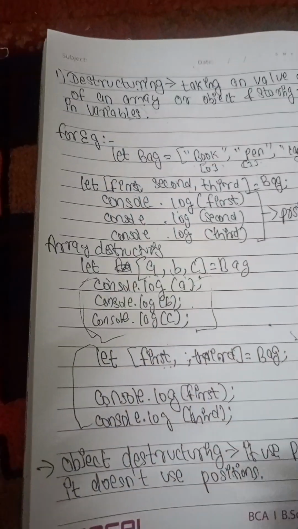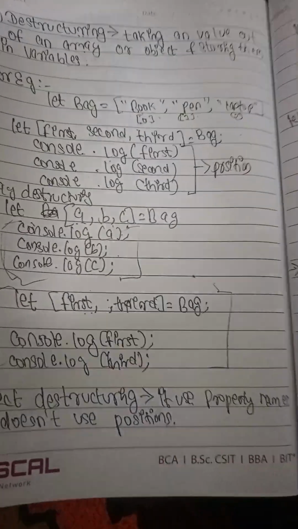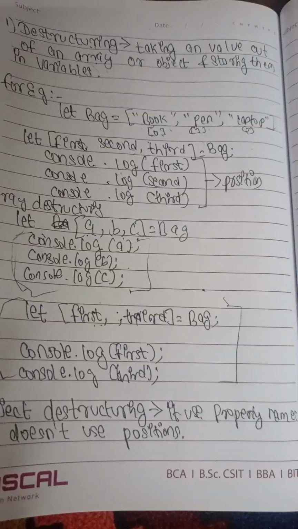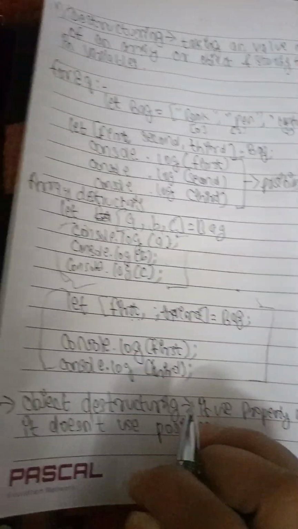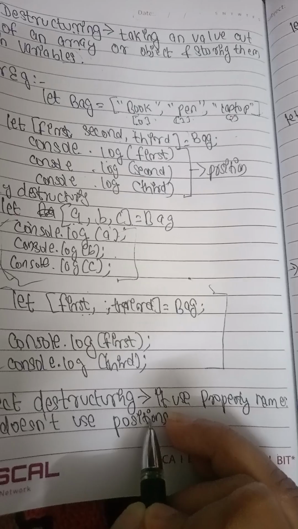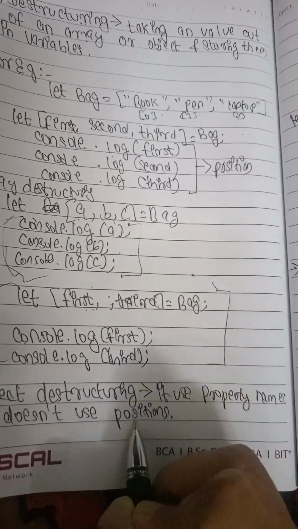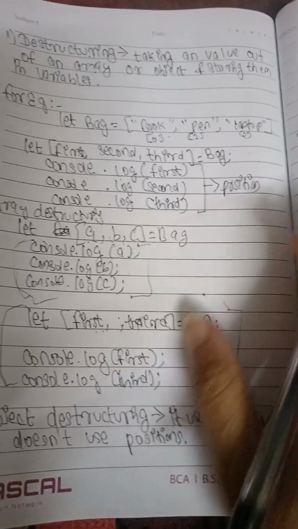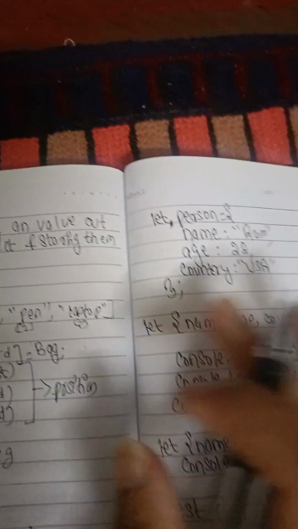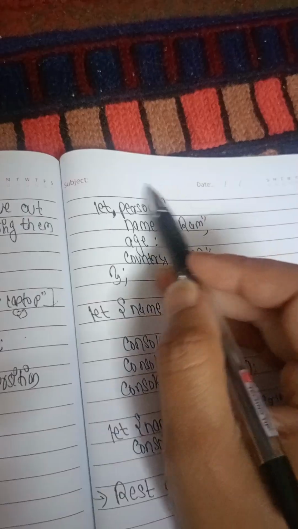And we have another one, object destructuring, sorry. In object destructuring, it uses the property name, right? For example, I have taken one example and I have made an object.